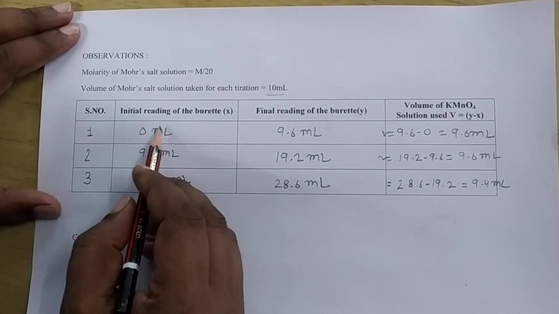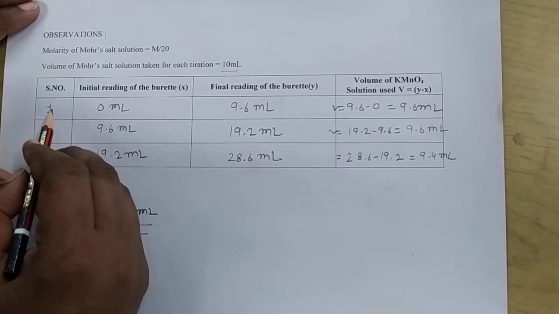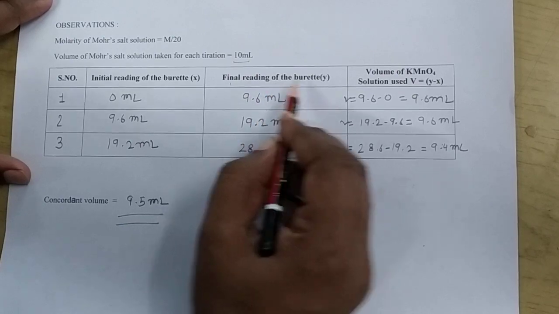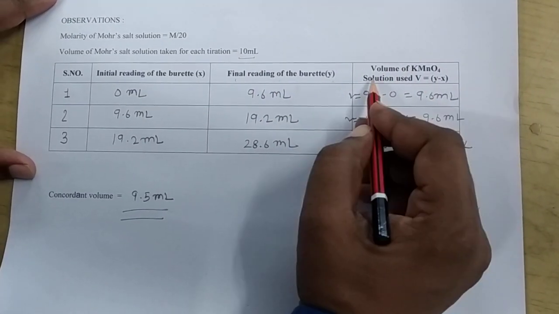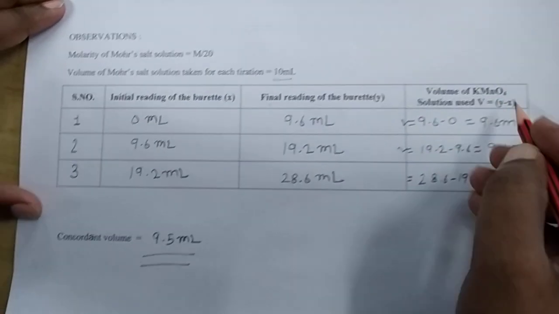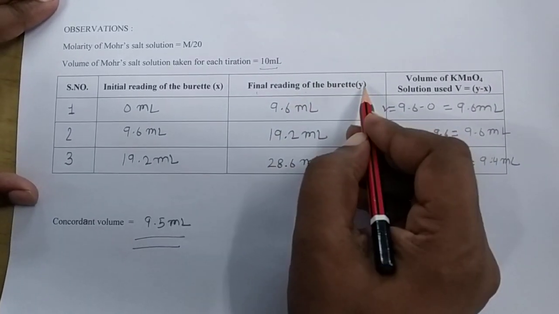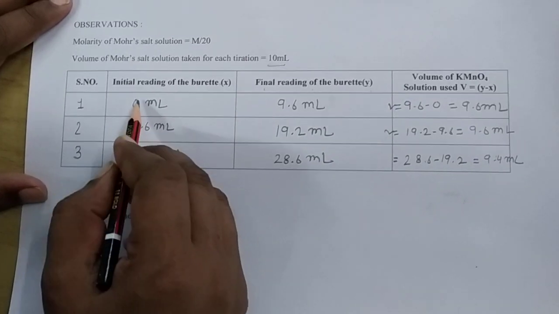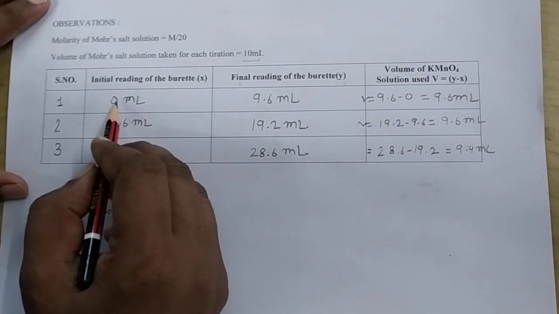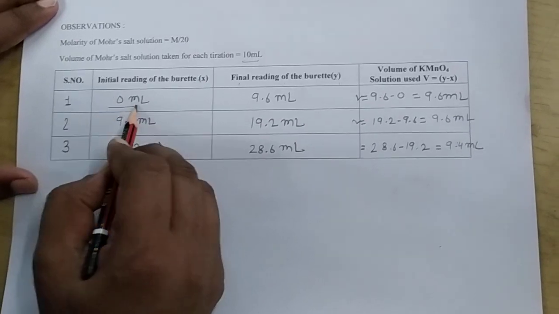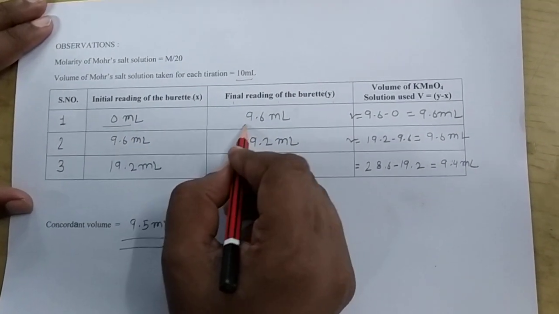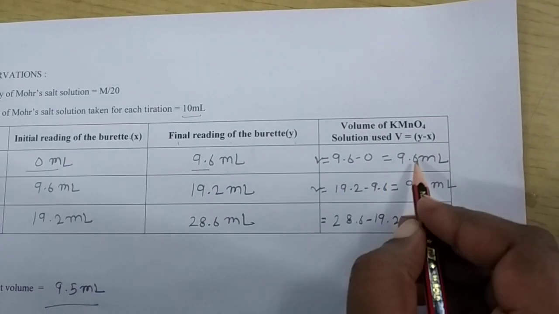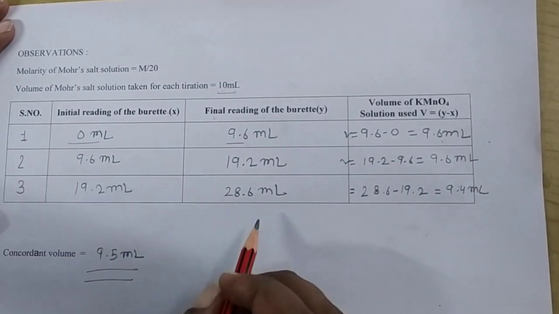Here we have received these readings. For the first reading, we take the initial reading of the burette X and the final reading of the burette Y. For the volume of KMnO4 solution used, we subtract one from the other. We started from an initial reading of 0 ml. The final reading was 9.6 ml. So subtracting, we received 9.6 ml.